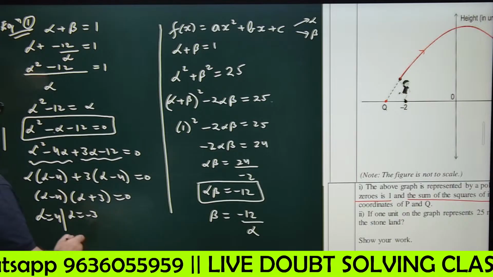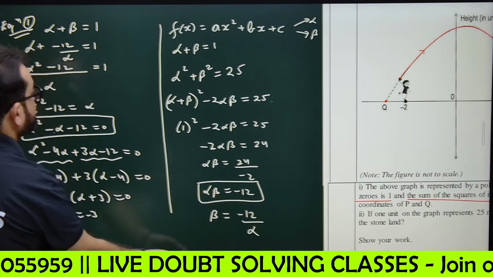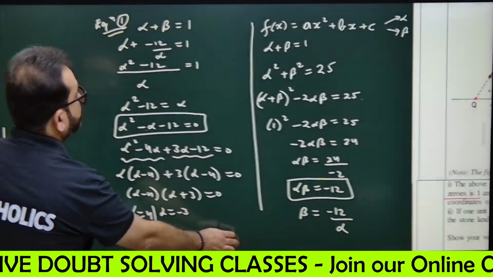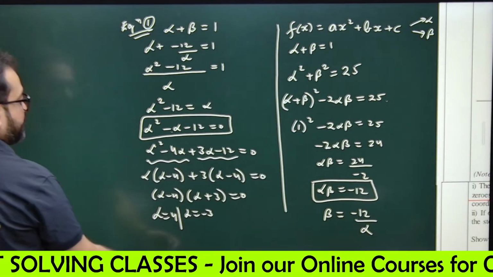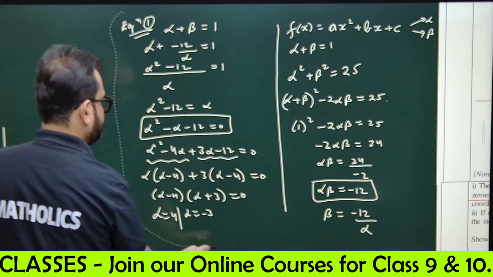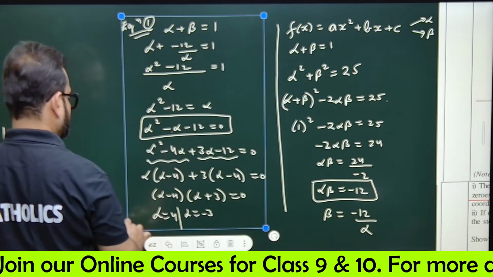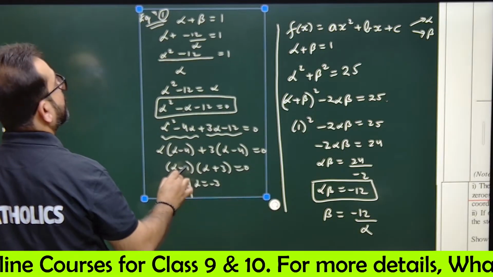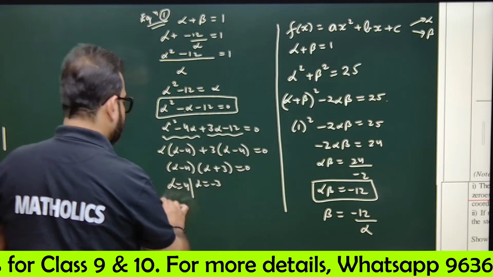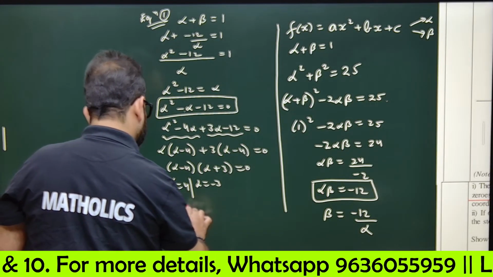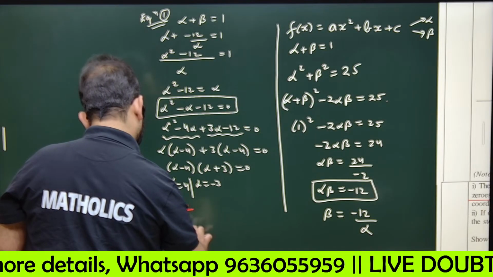When alpha equals 4, you put minus 12 by 4 as beta. So beta will be minus 3.